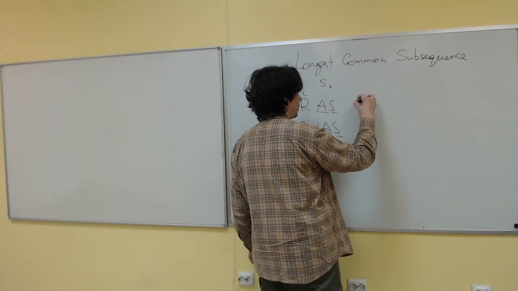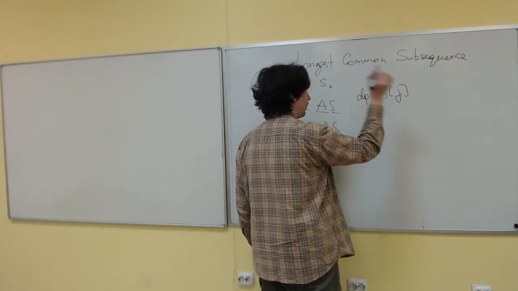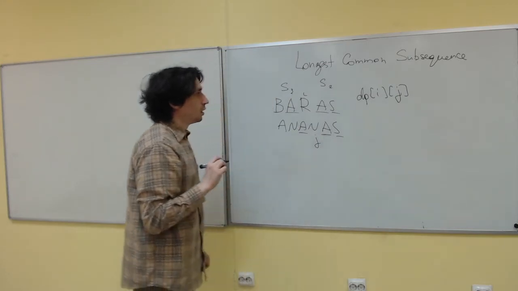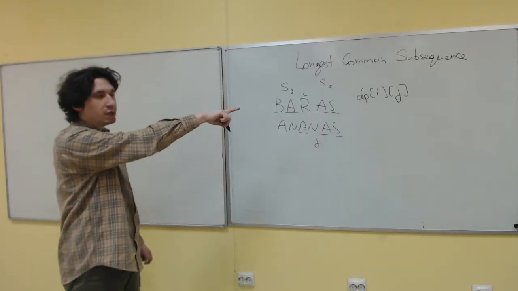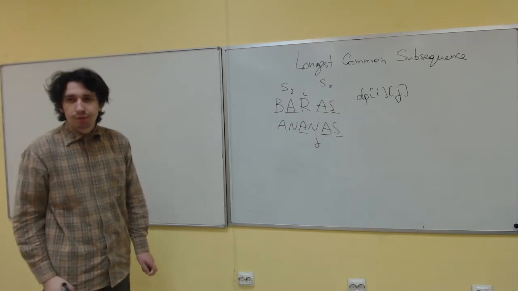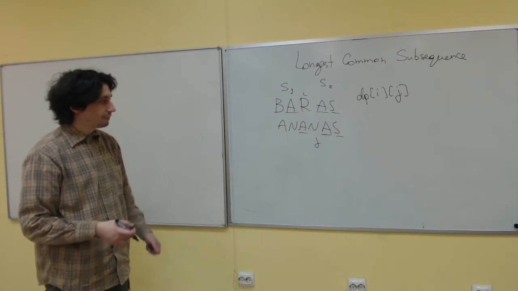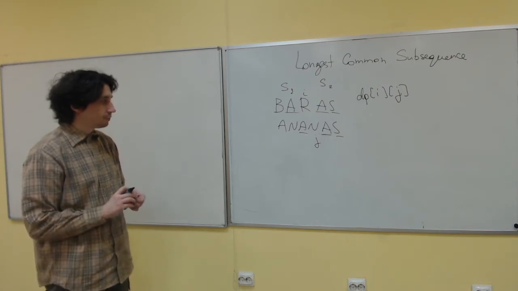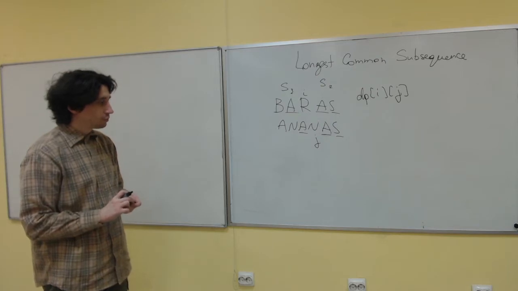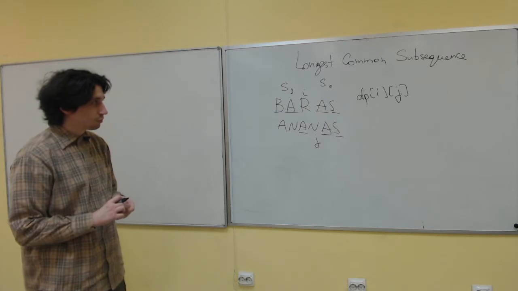DP, I J. Okay. Can you tell me what will DP I J mean? What will this DP mean? Maybe it could be something with the longest subsequence that already is there.